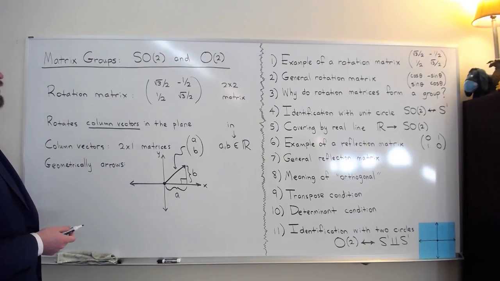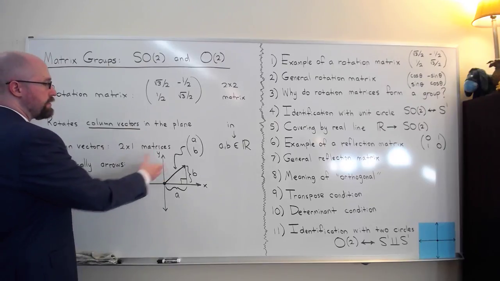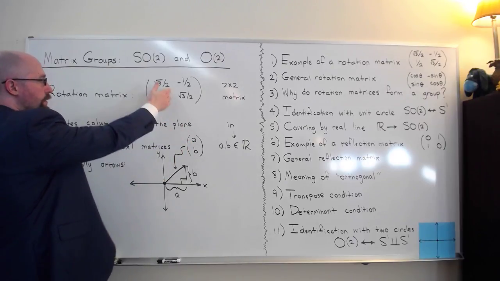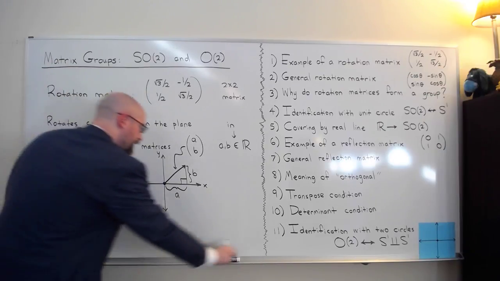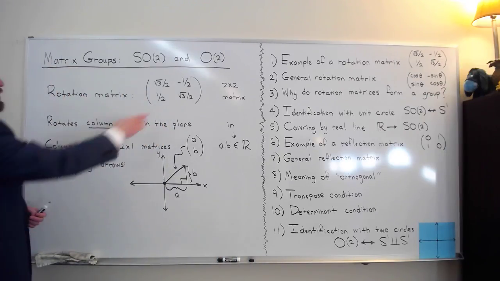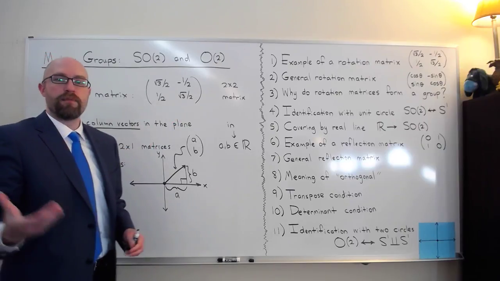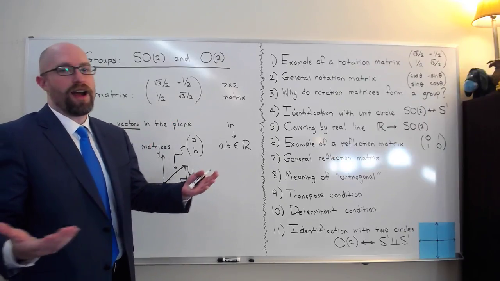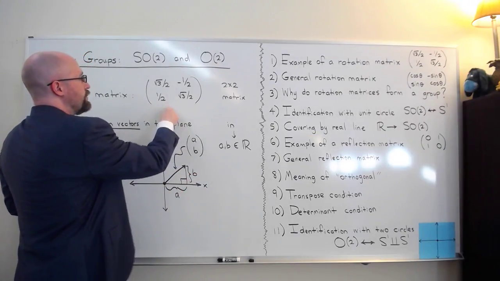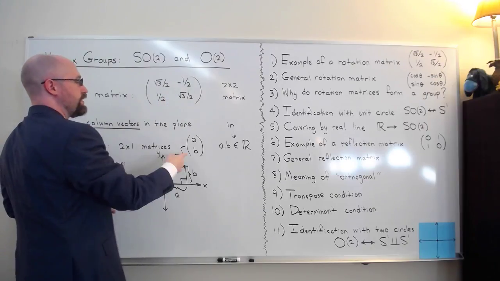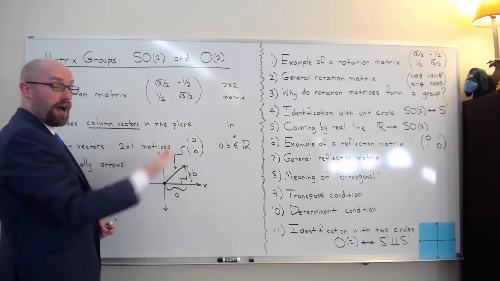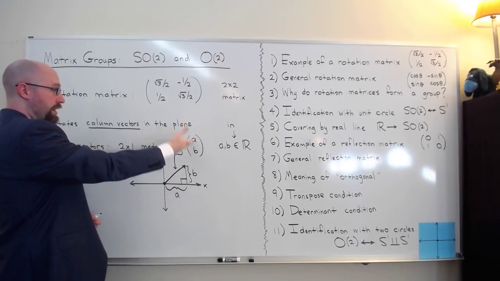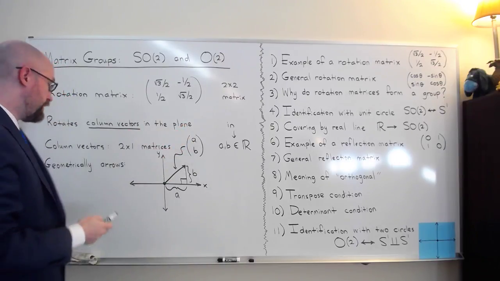So what we want to do is take some of these vectors and see what this matrix does to them. When I say does to them, what I mean is that you're going to multiply using matrix multiplication, which you all know how to do now very well. You'll multiply this matrix by this matrix. We call it a column vector, but it is a matrix, and we'll see what it does to it.